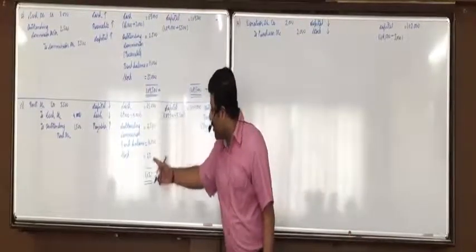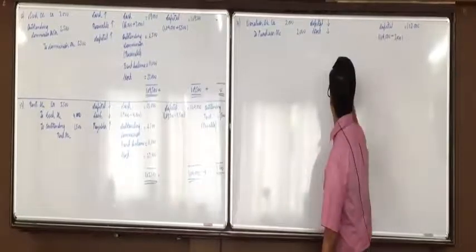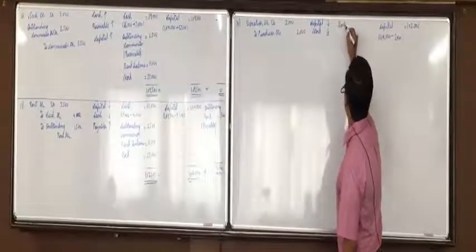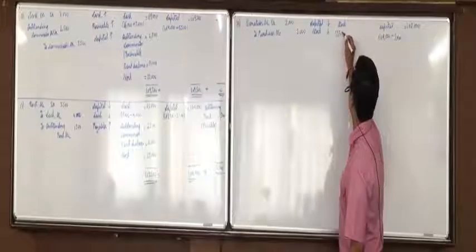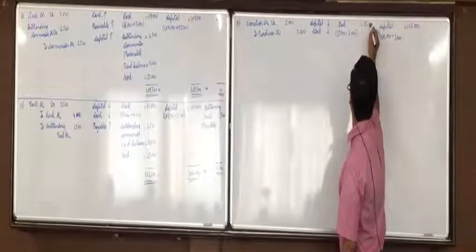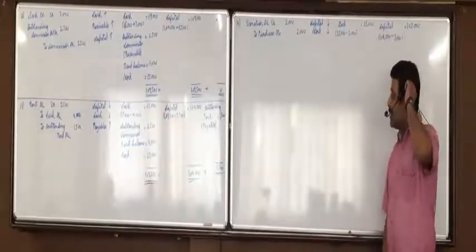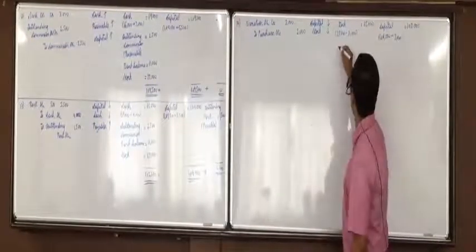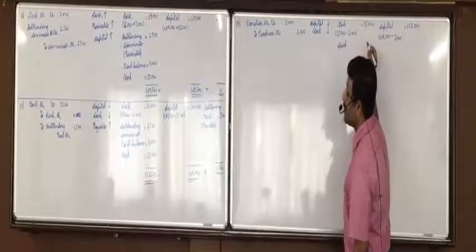Stock earlier we had 27,000. So now it will become 27,000 minus 2,000, 25,000. Okay? Other items as it is, so cash as it is 65,000.